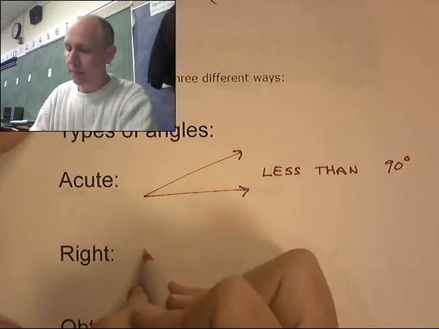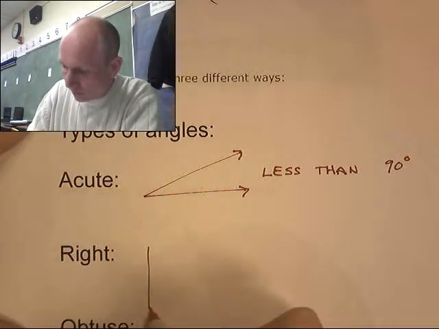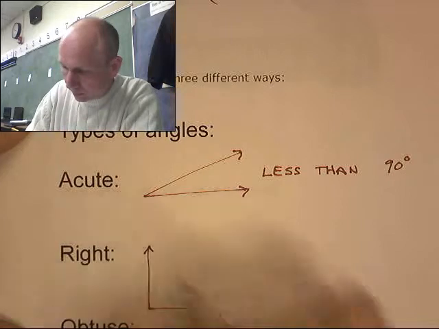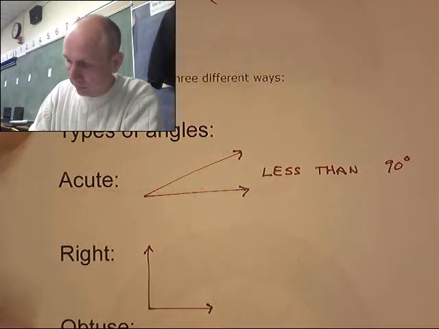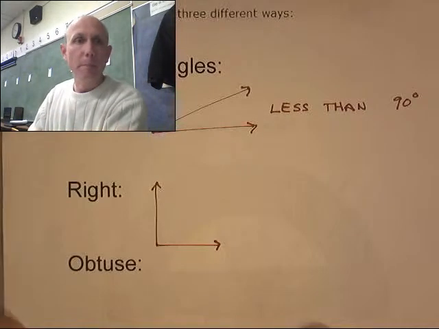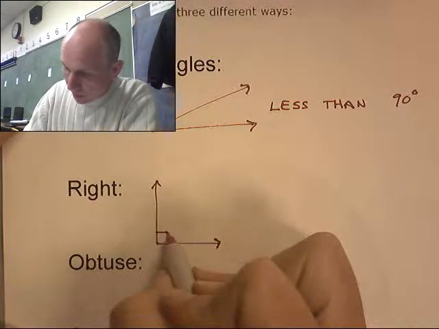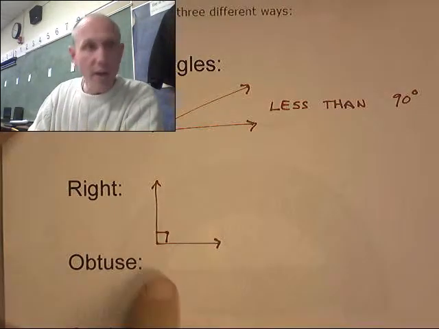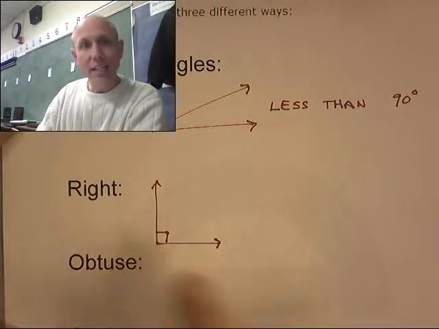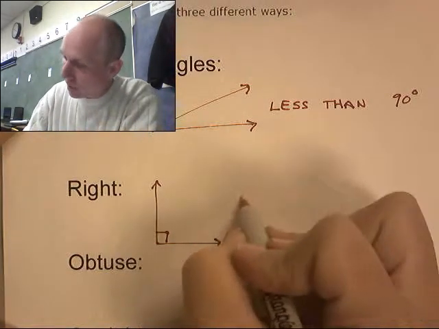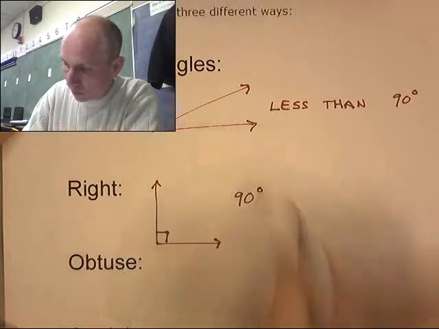It's less than 90. A right angle is 90 degrees. And we'll put a little square there. That represents a 90-degree right angle. So 90-degree angle is a right angle.